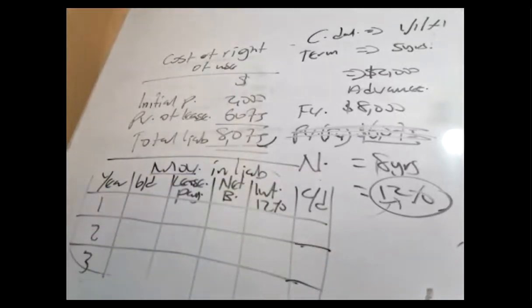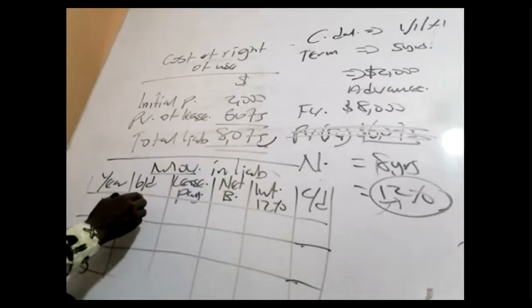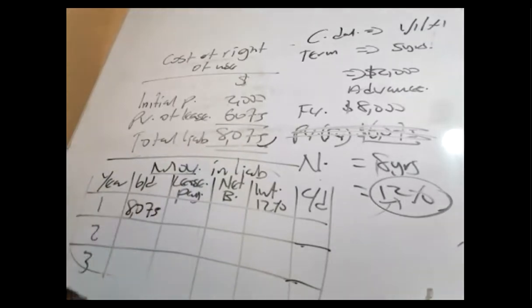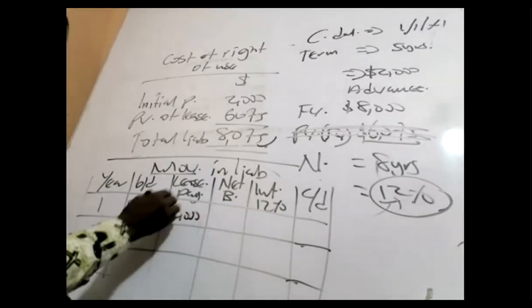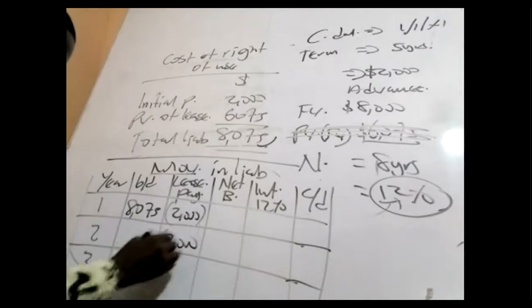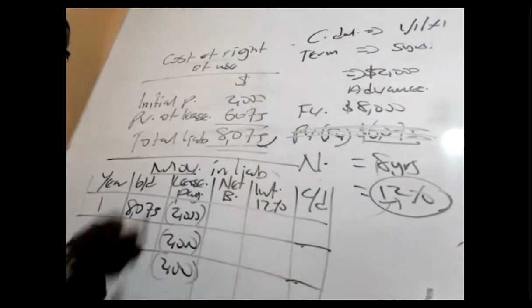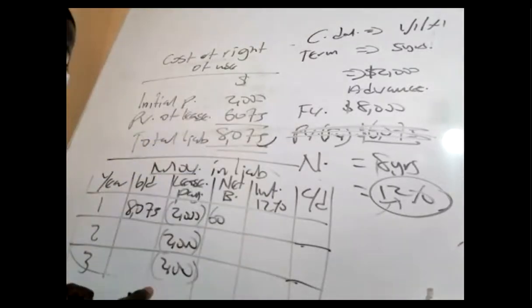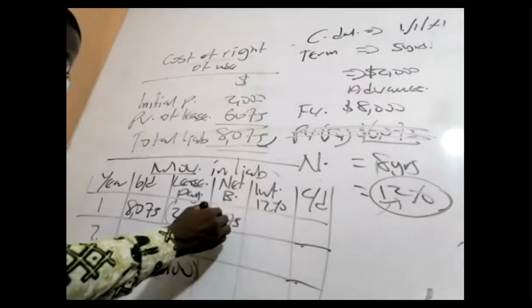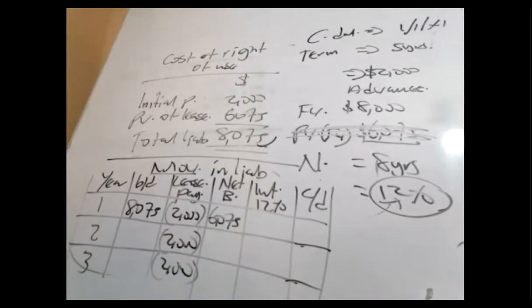Let's start. I'll do just the first 2 years and then move on. The opening balance is the total liability. We owe 8,775. The lease payment is 2,000, so write 2,000 throughout. Then we take the 2,000 off. We have the future present value of the lease liability. You charge 12% on it.